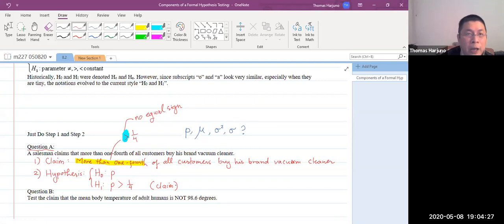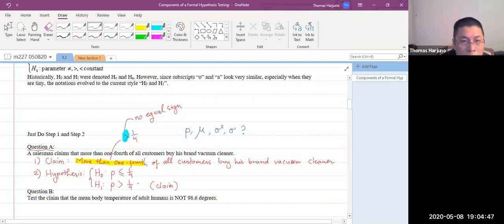Because the alternate hypothesis is greater than 1/4, the null hypothesis must be the complement of that. So once we get the claim there, we go back to the other hypothesis that we didn't do.